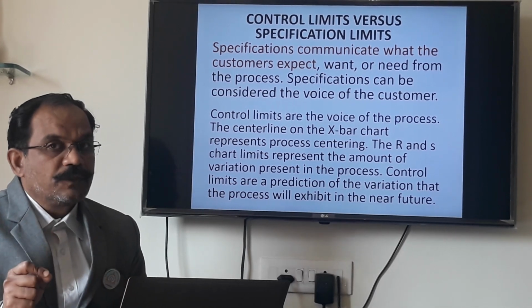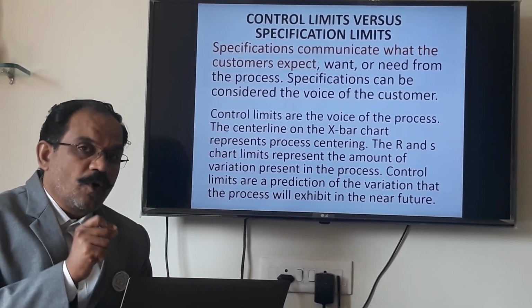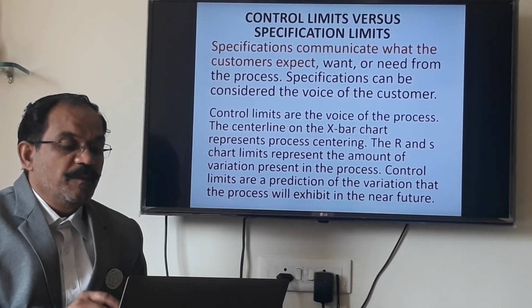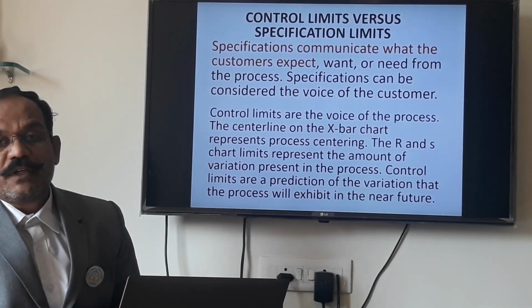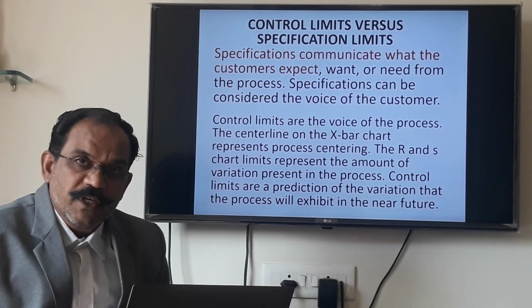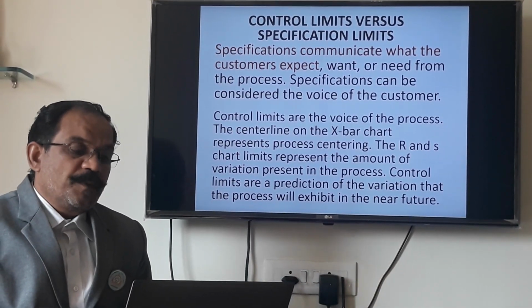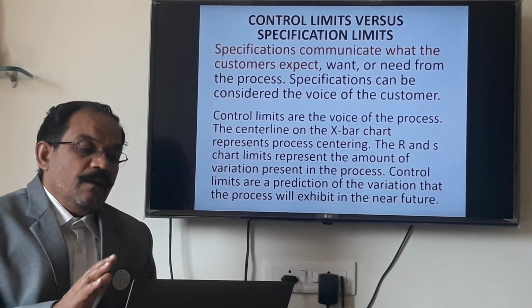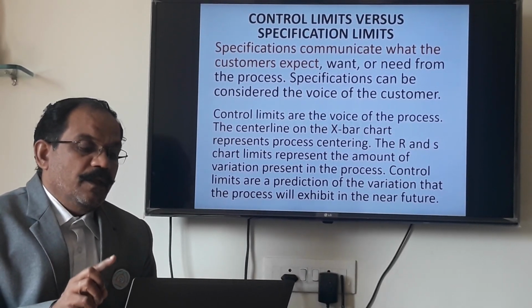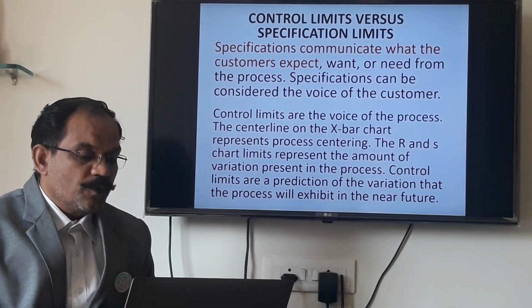A designer should also know from what process we are going to manufacture our product. So specifications can be considered the voice of the customer, because after all the product is going to be sold in the market. These are the needs of the process.